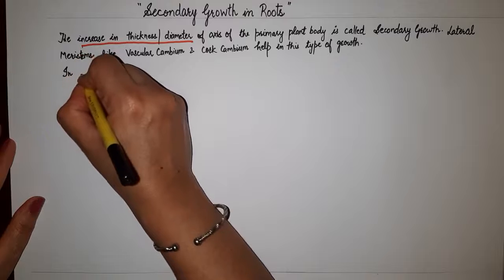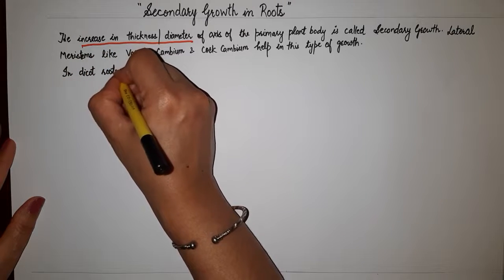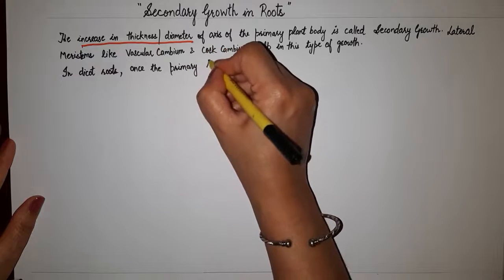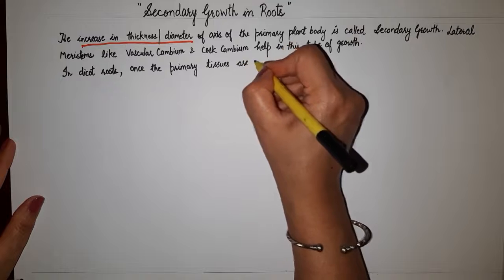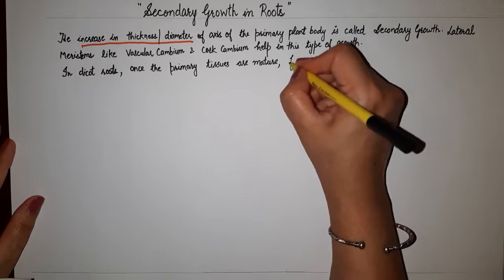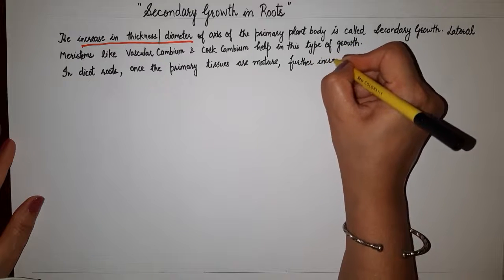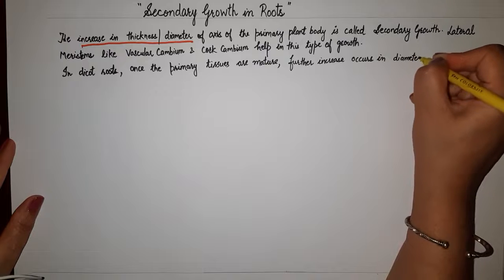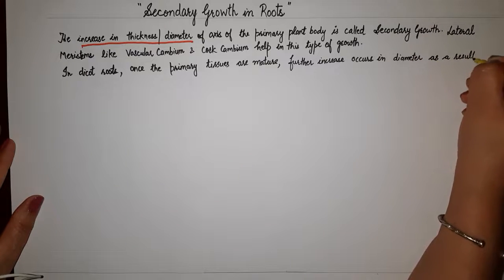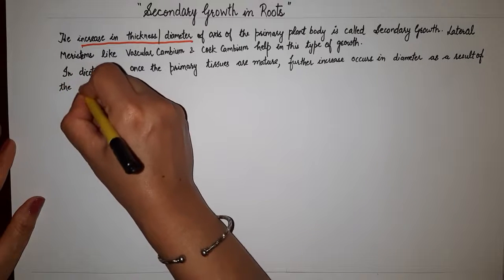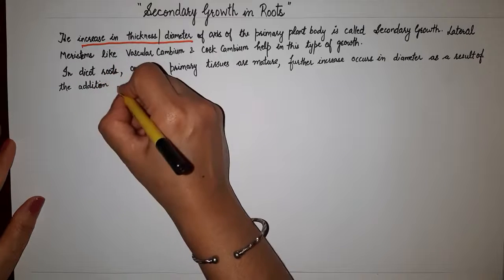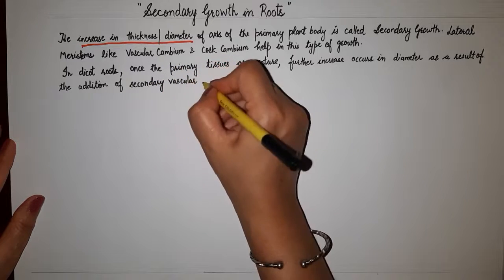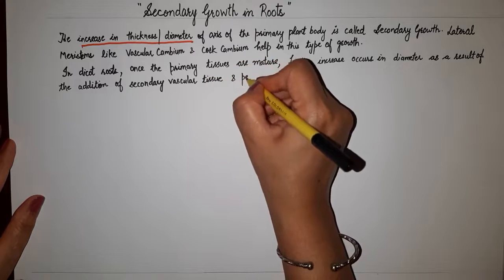Now, in dicot roots, once the primary tissues are mature, further increase occurs in diameter as a result of the addition of secondary vascular tissue and periderm.